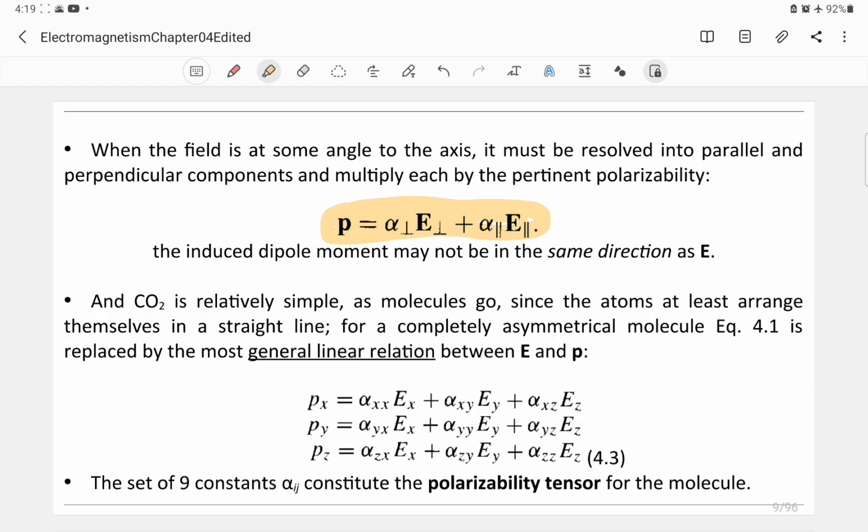So your dipole moment in the x direction would be this.